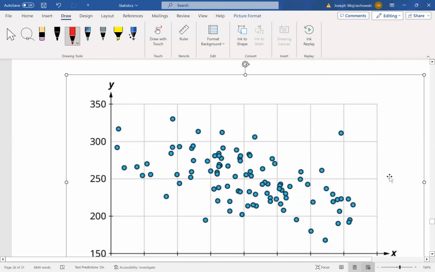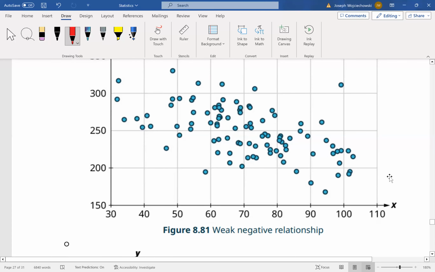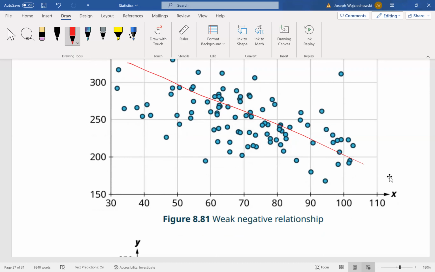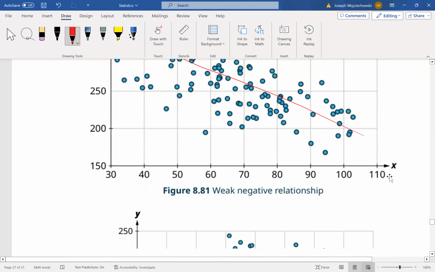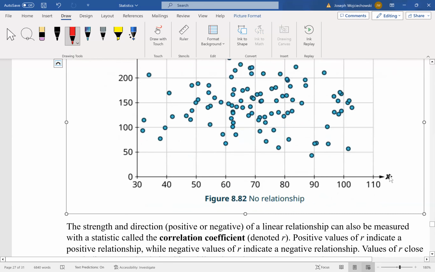Okay, here is kind of a mess. So you can kind of see something that might go like that. So we have a negative relationship maybe, but the stuff is too far away. So it's very weak. And of course here, there's no relationship at all.